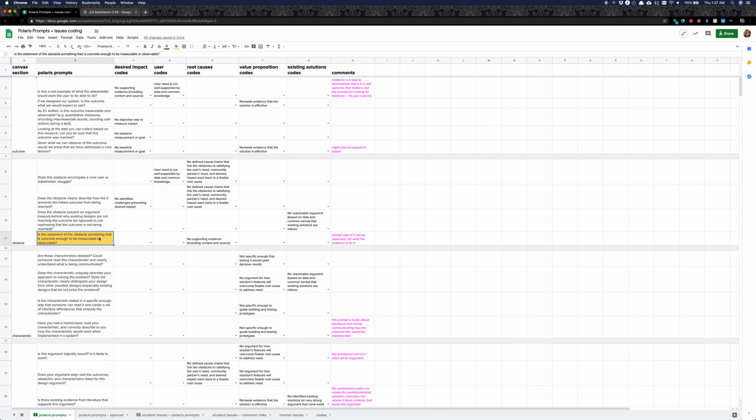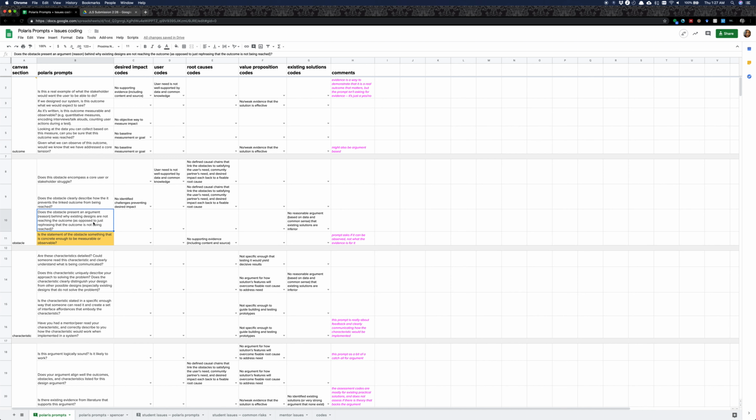I need to do a little bit of a deeper analysis to understand concretely the ways in which these Polaris prompts are different, and maybe providing a different type of value for supporting students in assessing. But that's a next step of the research.